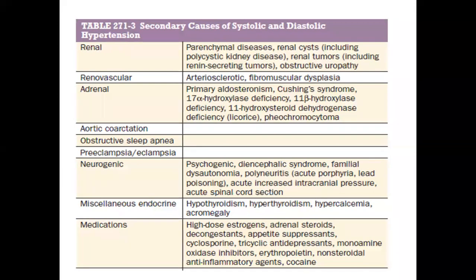Like in our OPDs, we can see various patients who are taking decongestants and steroids from the medical shop, and they present to our OPD with an increase in blood pressure. In those cases, we can ask the patient to stop those drugs, and we can counsel them that the use of those medications can lead to hypertension. So we have to very carefully look at the history of the patient and their lifestyle to identify the causes of hypertension.